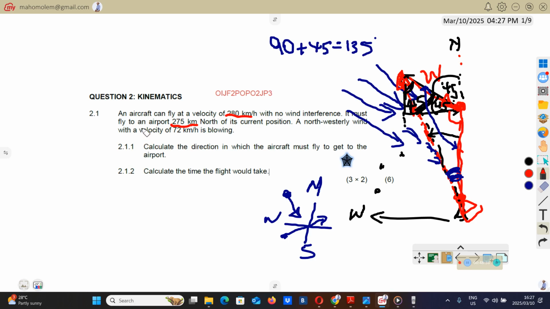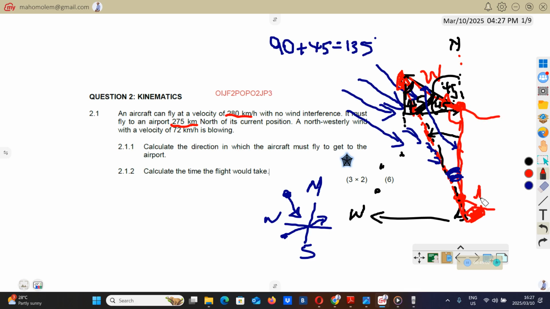They say it must fly to an airport 275 kilometers north of its current position. So the current position is this one, then from the current position to the destination, the distance is going to be from here to there.